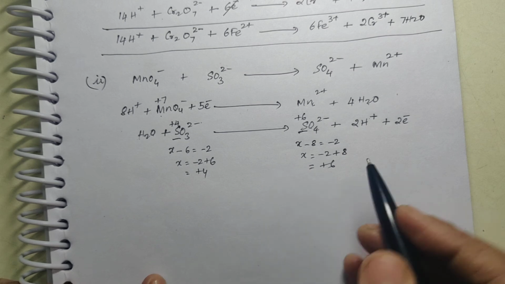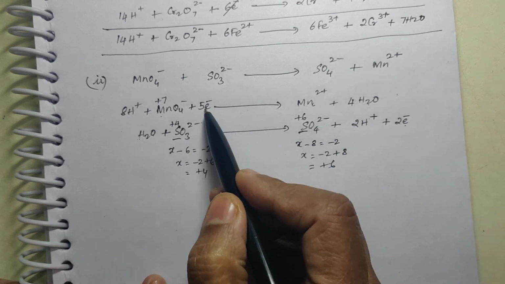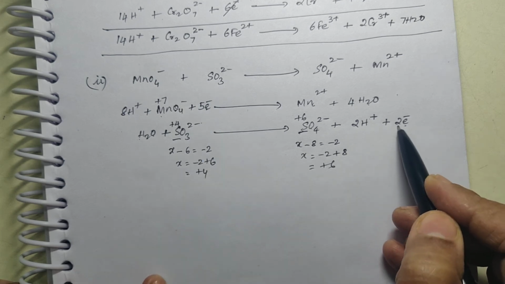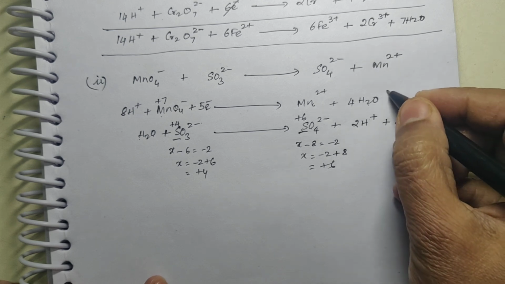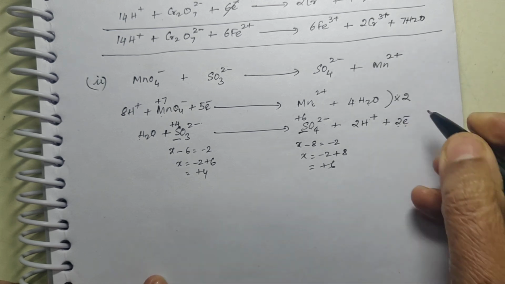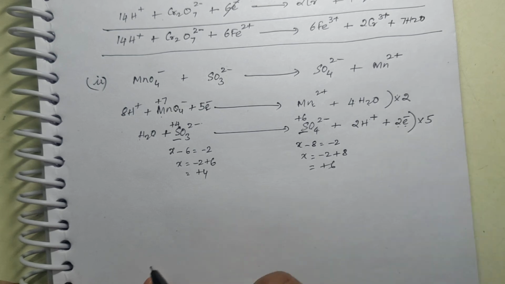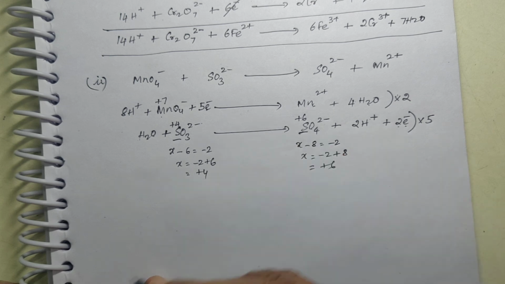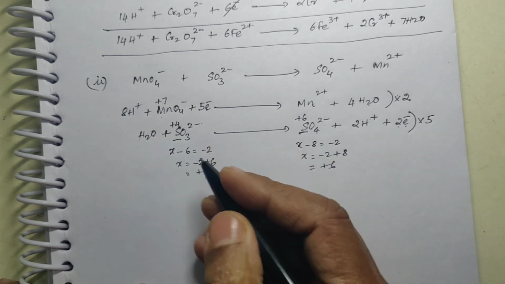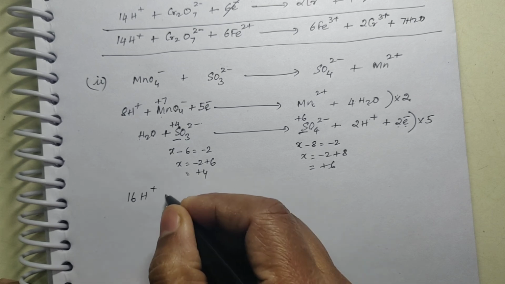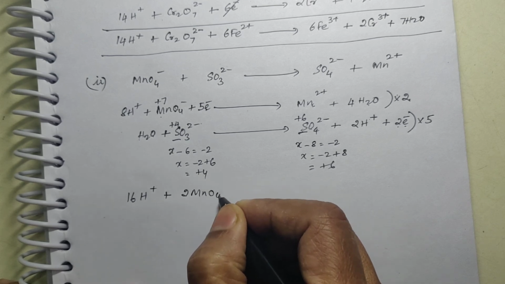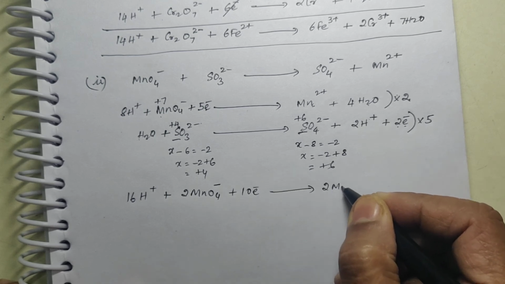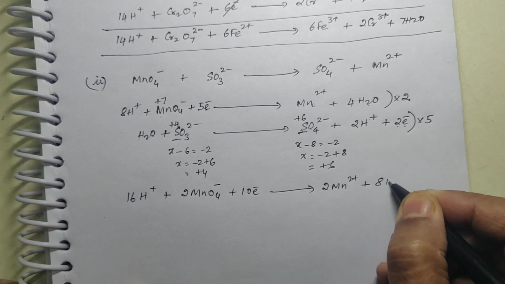Right. Now here you have 2 electrons, and in the MnO4- reaction you have 5 electrons. So how do you make them equal? You multiply this by 2 and this by 5, so that the electrons become 10 and get eliminated. Now rewrite the equation. It is 2 into 8, so it will be 16H+ plus 2MnO4- plus 10 electrons, giving you 2Mn2+ plus 8H2O.